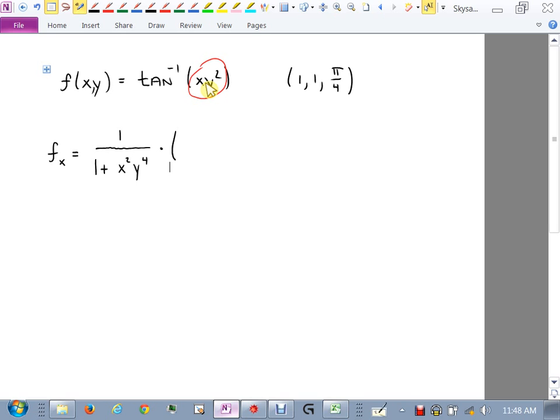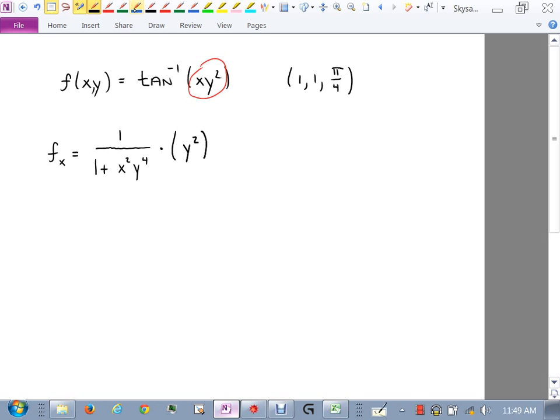So let me do it the way that would be easier, which would be, look, if y is constant, right? If y is constant, then this is just like 4x, and derivative of 4x is 4. So you should just get y squared, and that's it.